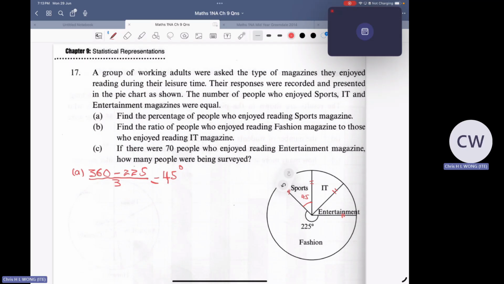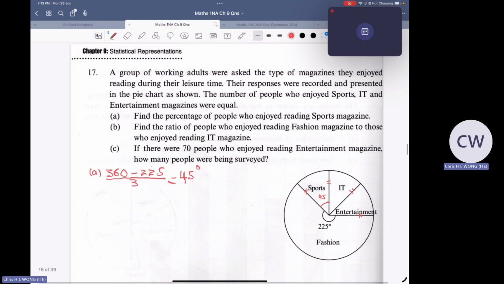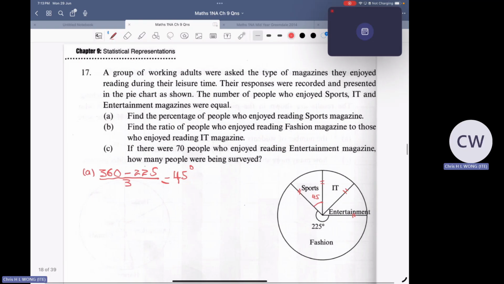You are supposed to find the percentage of people who enjoy reading sports magazine. How many percent like to read sports? Now we are asking for percentage, and you have given 45 degree.